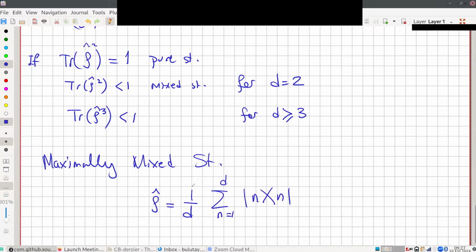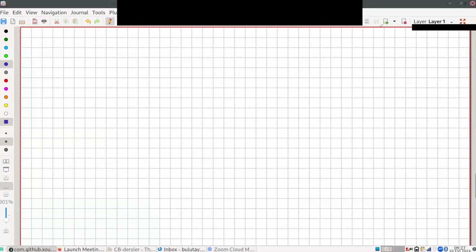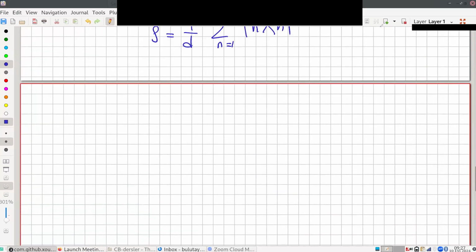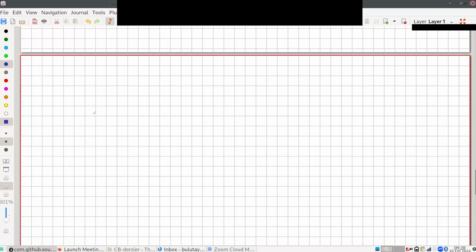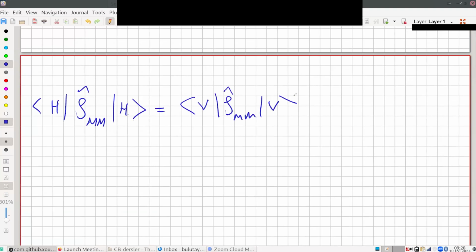For a maximally mixed state, there is no information you can get out of it. If you are in a maximally mixed qubit state, so your qubit is maximally mixed, and then you make some measurements, some photon polarization measurements along horizontal or along vertical direction, or left or right or whatever, A, D, whatever.